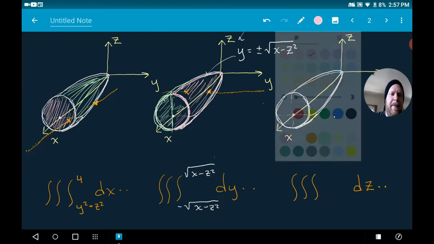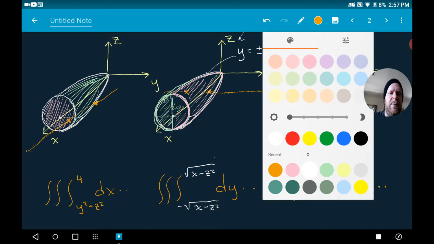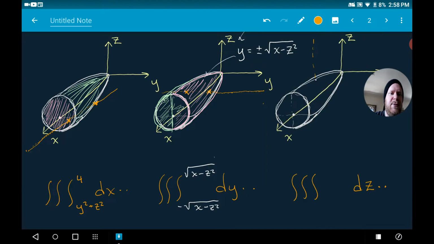The next one, I'll do a little bit quicker, but we're going to be integrating with respect to z first. So we're going to be passing through the solid, starting at positive infinity z. The first thing it's going to hit in this solid is the top half of this, right? So it hits the top half first, and then it travels through, and the second surface it hits is the bottom half of that.